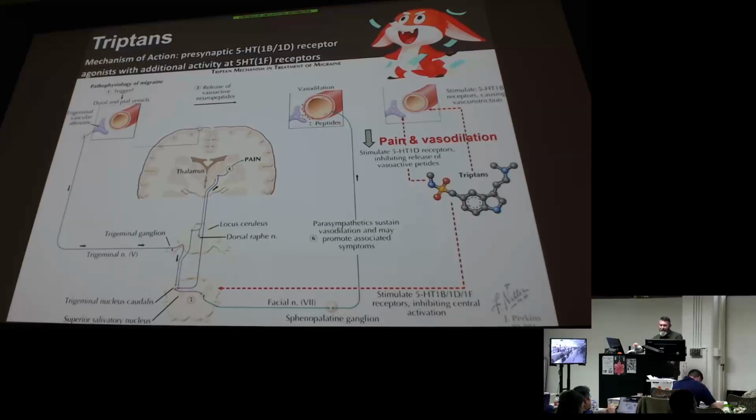And then lastly, they inhibit pain transmission to the brainstem. So that's the far right. That's explaining what our triptans do with the red arrows, right? And then on the far left is showing what happens in migraines.